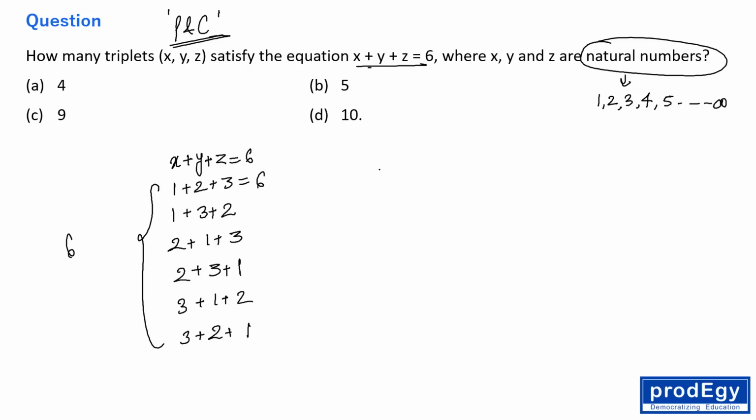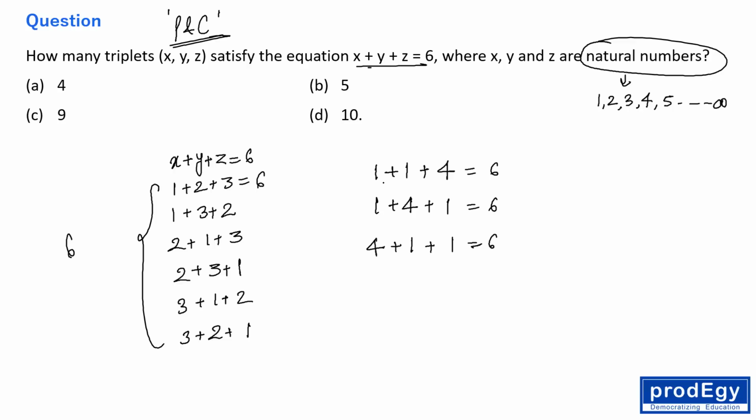Fine. Now if 2 are same and 1 is different, it's like this. Okay, 2 are same and 1 is different. So obviously 1 plus 1 plus 4, 1 plus 4 plus 1, 4 plus 1 plus 1. This is also 6, right? So here we have 3 such combinations.